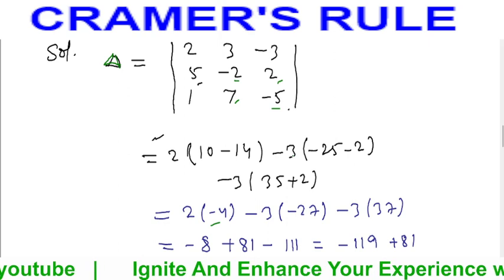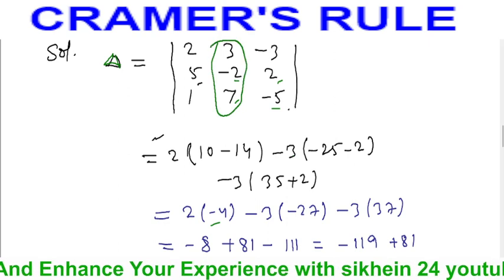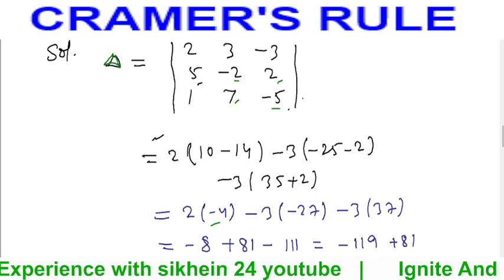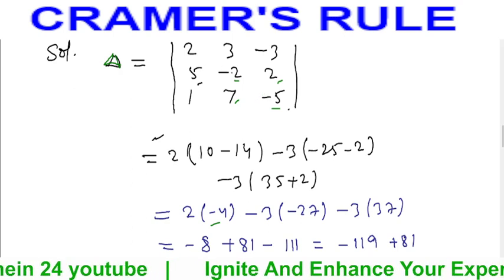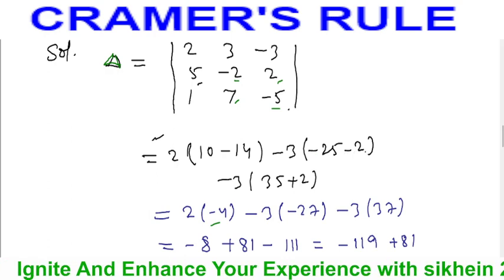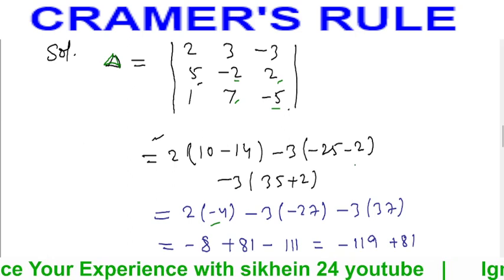For minus 3, we keep it constant. So right now 3 minus 3, that is minus 25 minus 2. You are able to find the determinant, so it is not required to be explained here.